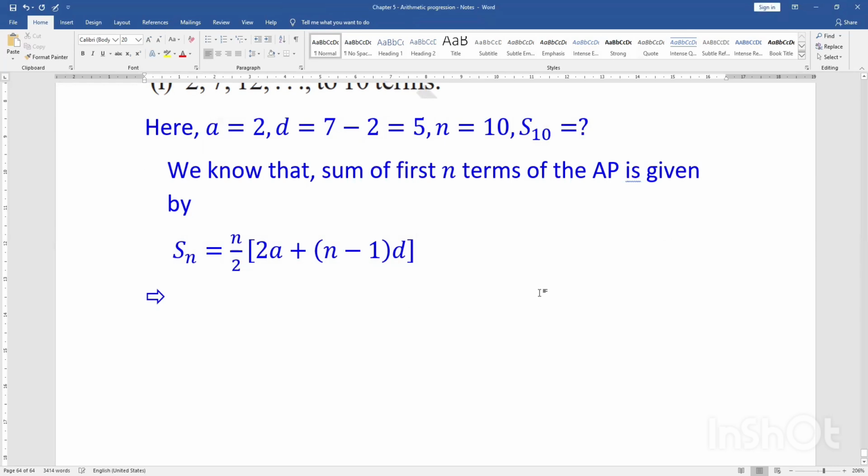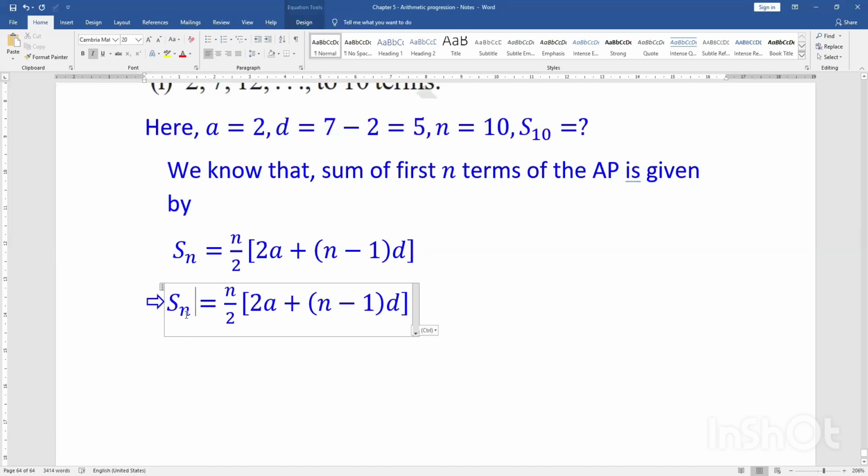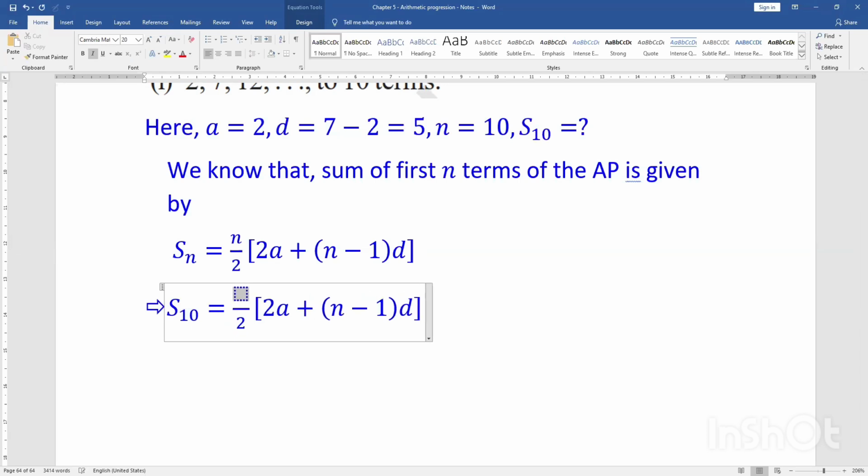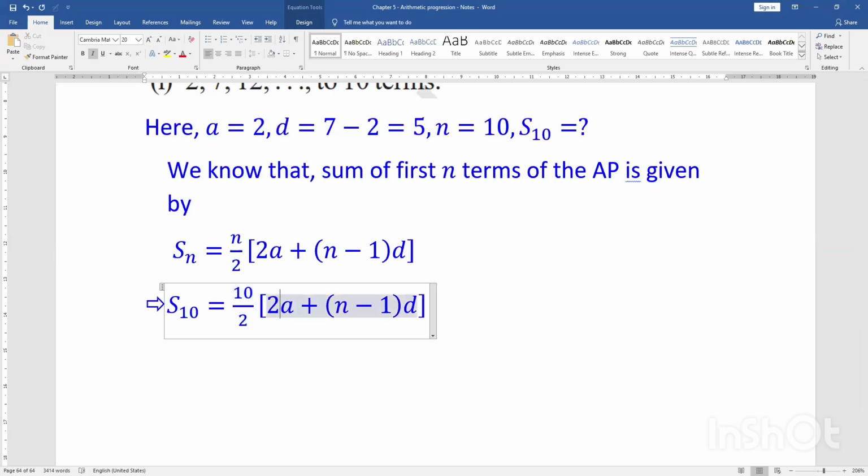In my next step, I'm going to substitute the values for the variables given. So here n becomes 10 and here also take n as 10. What about a? a will become 2, then n is 10, and the value of d is 5. Okay.